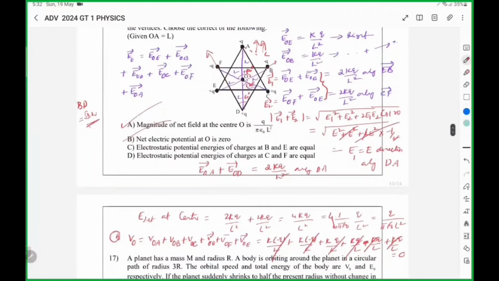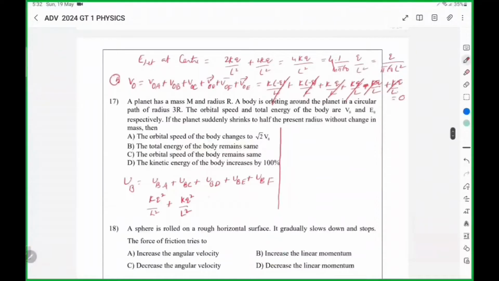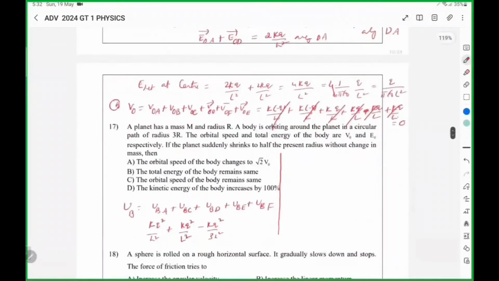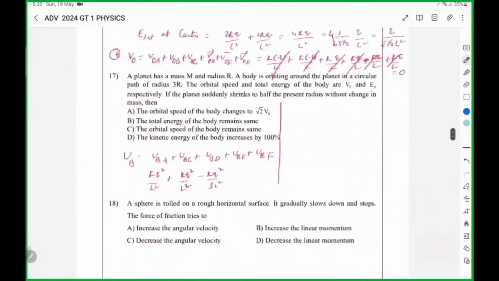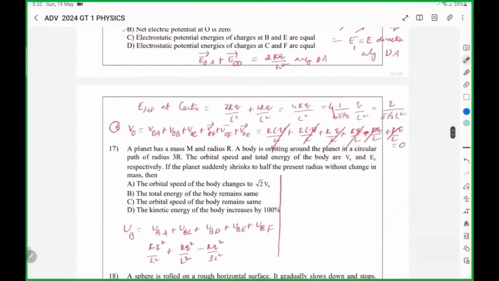So this is minus Q plus Q, minus KQ square by root 3L square. Potential at B due to E, that is also root 3L, but minus plus, here minus kq square by 3l square.